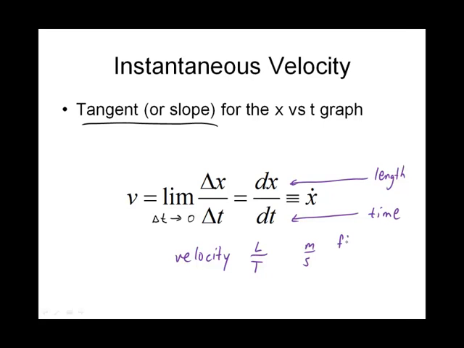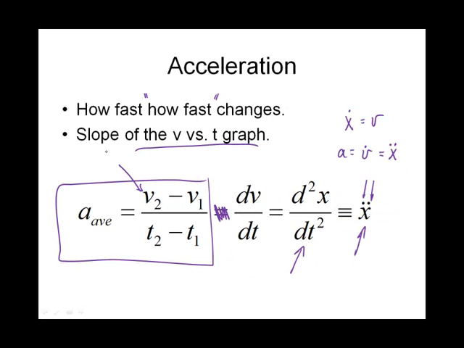In the English system, that might be feet per second. Kilometers per hour, miles per hour, or other methods of measuring that. That's a length over time. So if velocity is length over time, and my change in time is time, then acceleration has dimensions of length per unit time over time, or length over time squared.